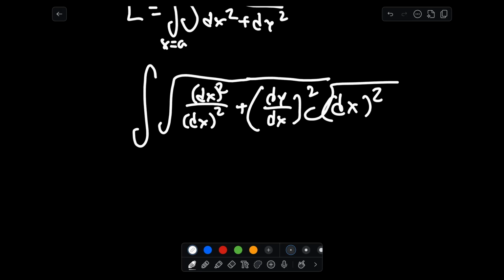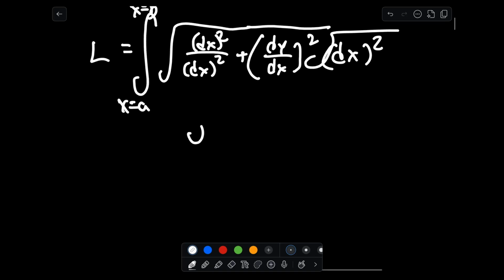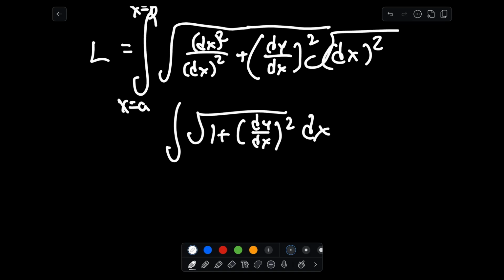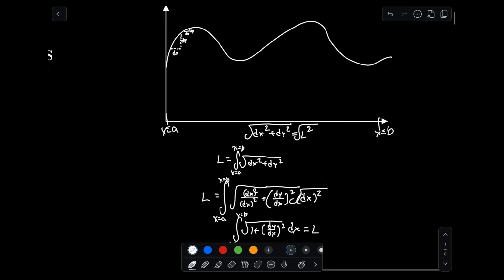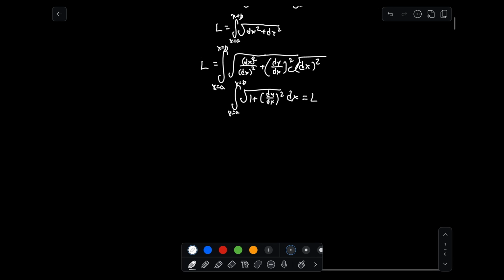We still go from x equals a to x equals b, this is still equal to L, and then we get the integral of the square root of 1 plus (dy over dx) squared, dx. That's the derivation we use to solve for the arc length in two variables.